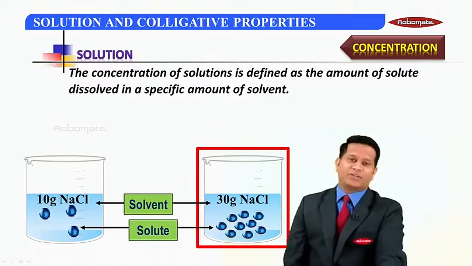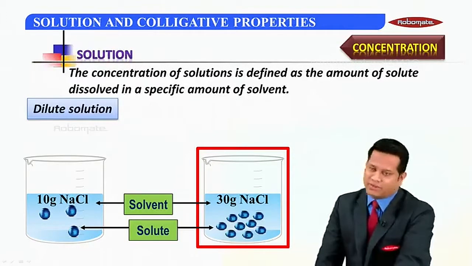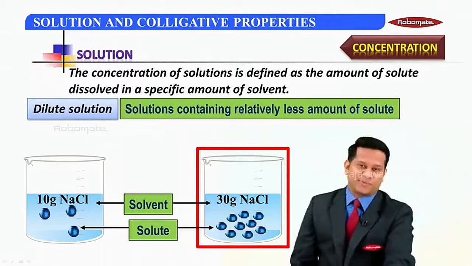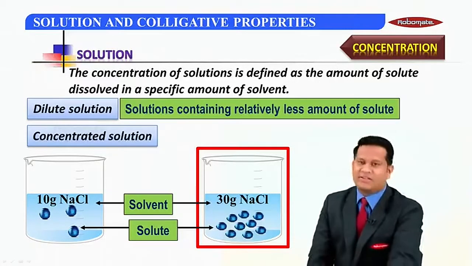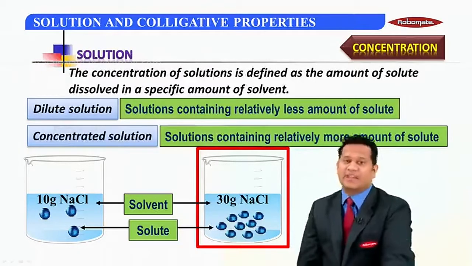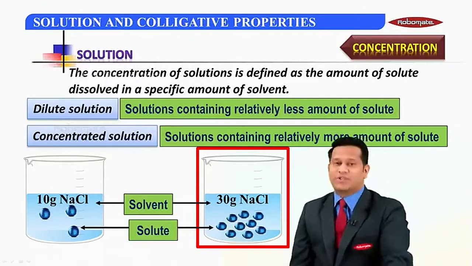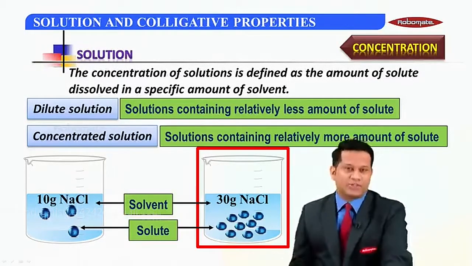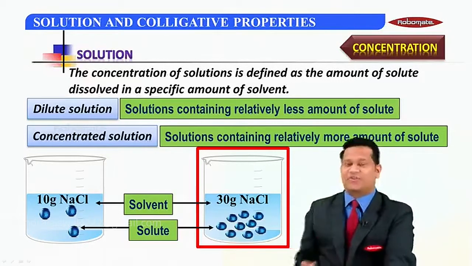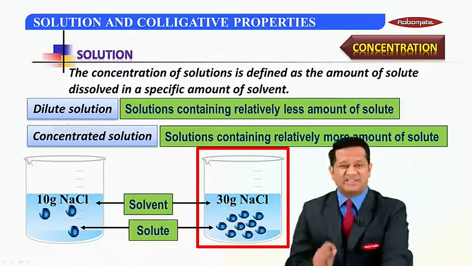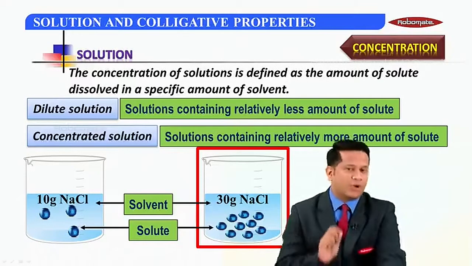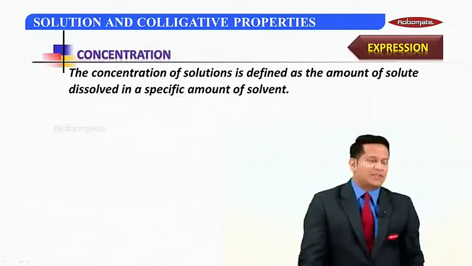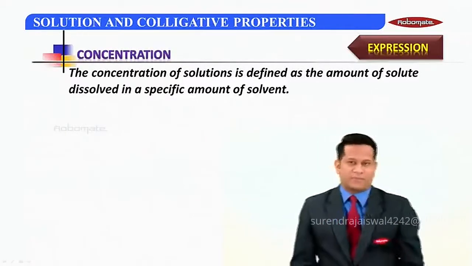So a dilute solution is one which contains relatively less amount of solute, and a concentrated solution is one which contains relatively more amount of solute. So these terms are relative in nature.